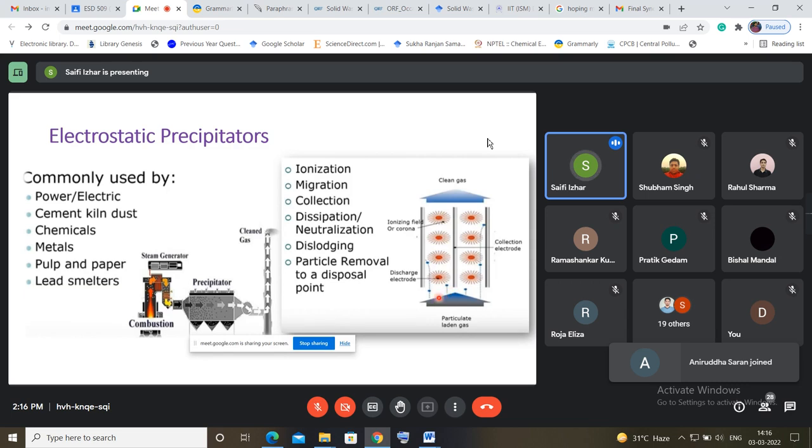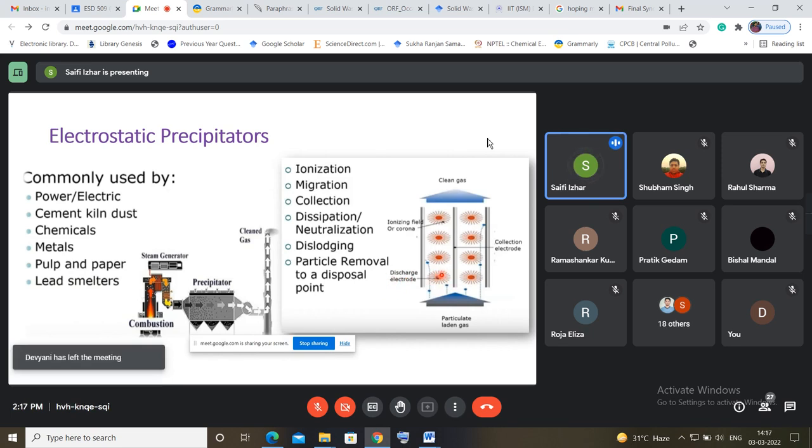Initially it was neutral, but now it passes through the discharge electrode and a charge is created on it. Suppose I consider the discharge electrode to be positive, so it creates a positive charge on the particle. The charge is created by the dissociation of the gaseous molecules and particulate molecules.